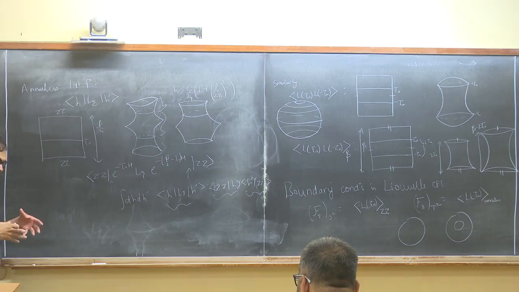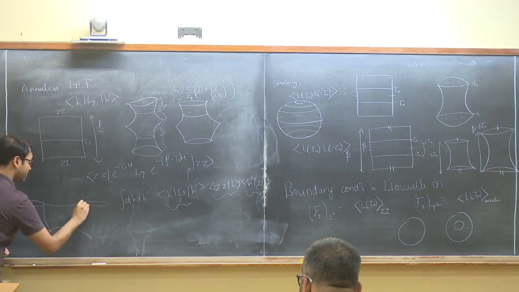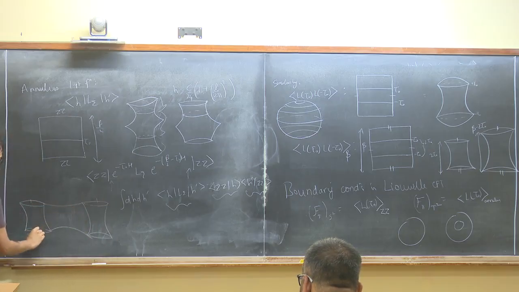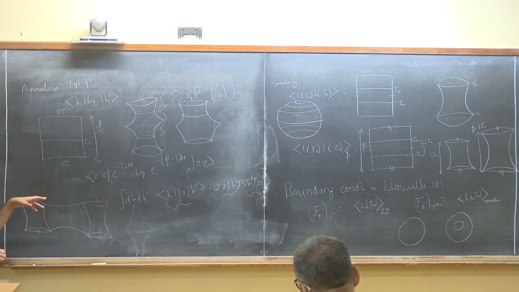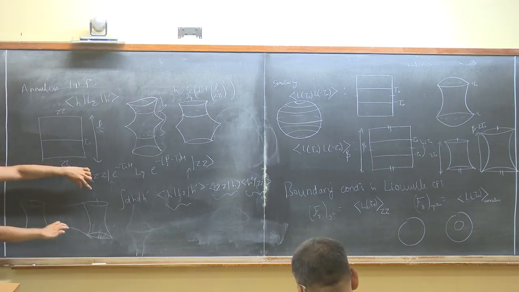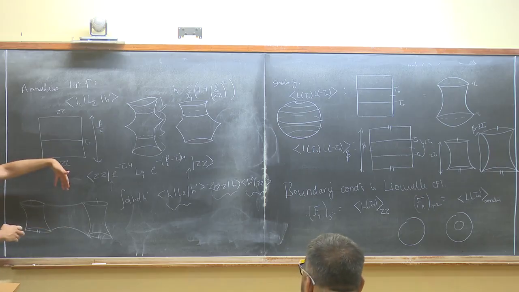So the BTZ black hole is a solid torus. I can think of the solid torus as an annulus times an interval, and the annulus is a finite cylinder times an interval. Then I glue these two boundaries asymptotically. Just forget the bulk and see the boundary: it has the topology of a torus, and I'm filling the torus. So this is BTZ.